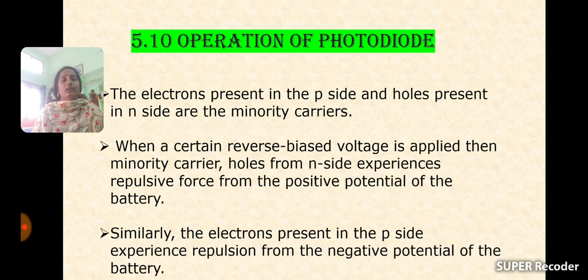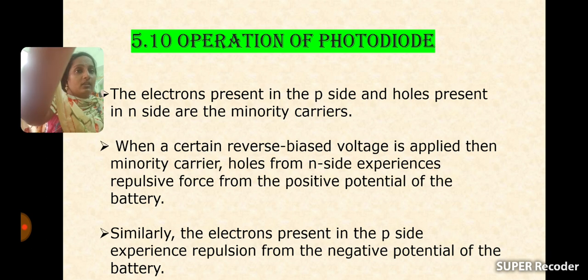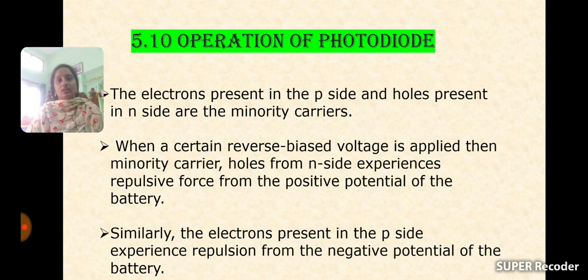So finally, minority charge carriers are repelled from the battery and the majority charge carriers are attracted towards the battery in reverse bias condition. What happens in reverse bias? Majority charge carriers move towards the battery and the minority charge carriers are repelled from the battery.